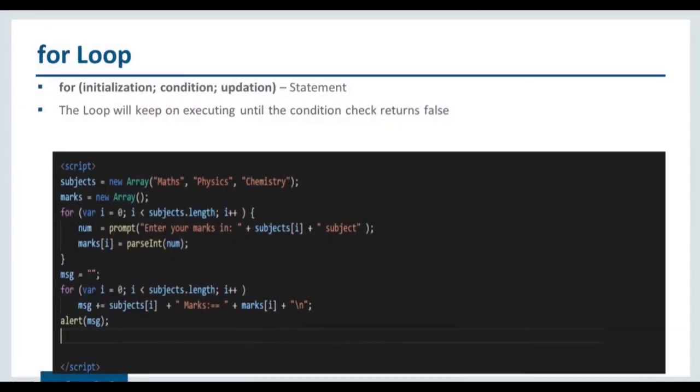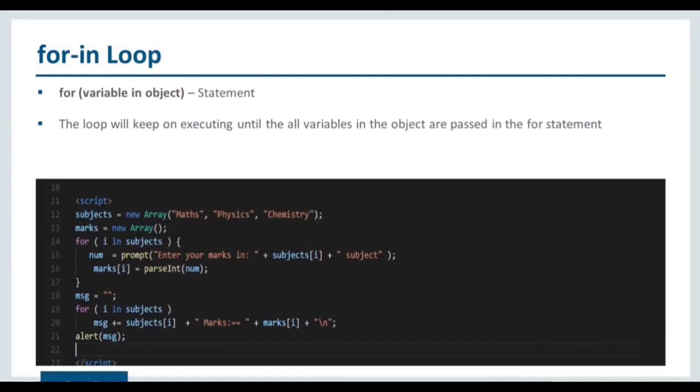See, its theory: for in loop, what you do is you just state on the right hand side the list that you want to traverse, and on the left hand side is one variable. That variable, for every iteration in the for loop, will point to the current element. Elements will always go from 0 to n minus 1. That's what I have written.